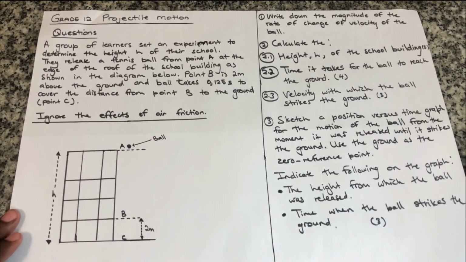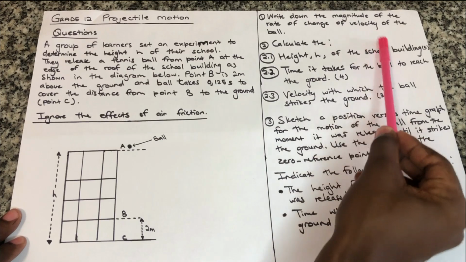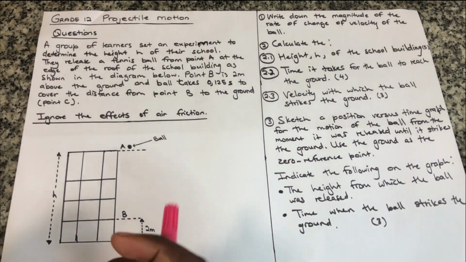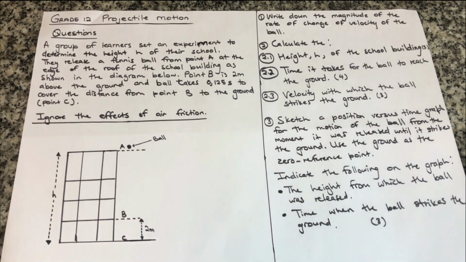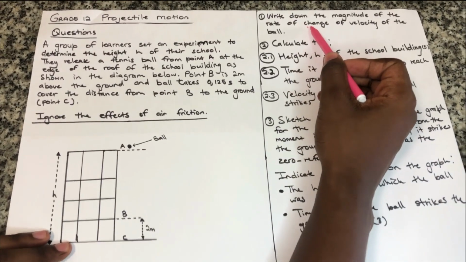The very first question says, write down the magnitude of the rate of change of velocity of the ball. What is the rate of change of velocity?